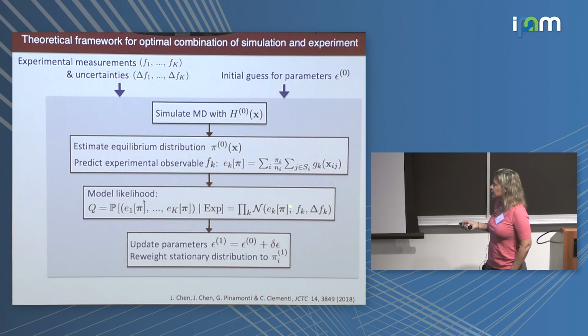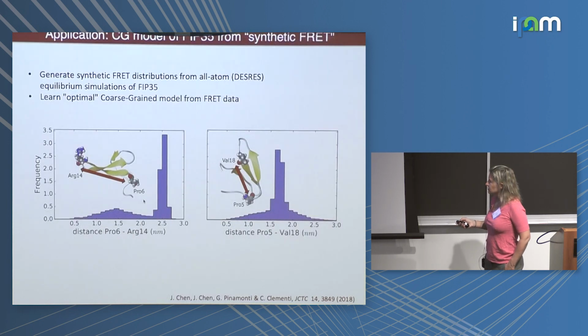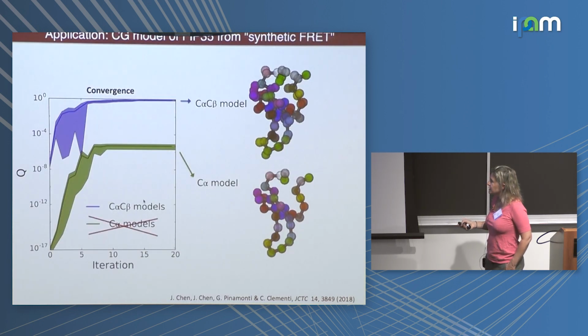And the trick here is to be able to express the likelihood as a function of the model parameters. If you can do that, you can change the parameters to maximize the likelihood. And just to show how it works, this was to design a coarse-grained model to reproduce all-atom simulations for this protein.